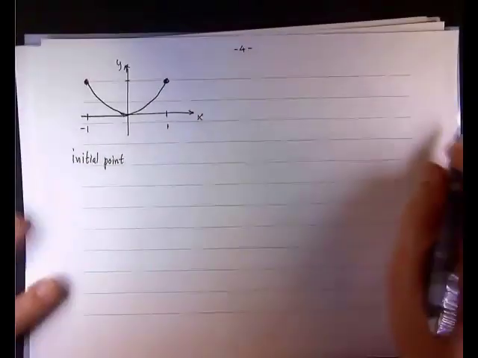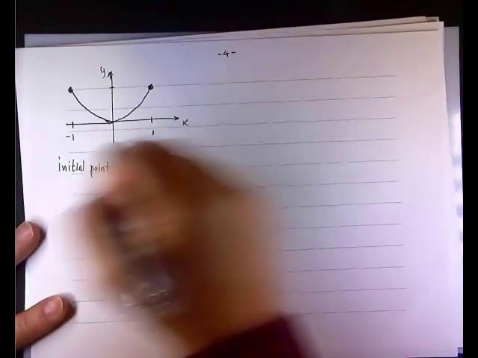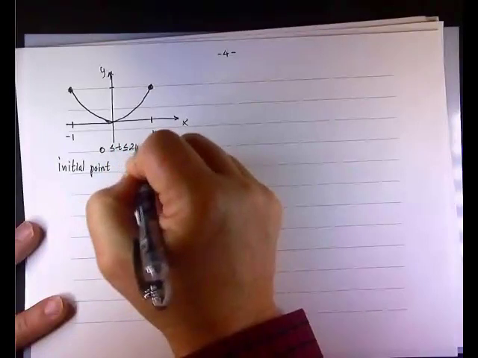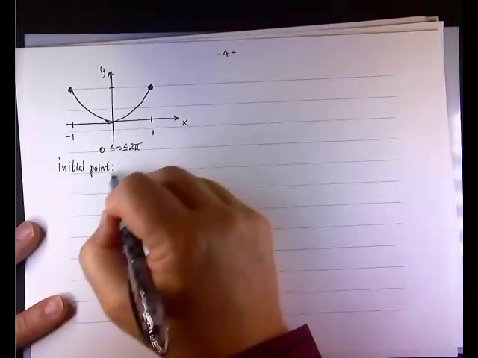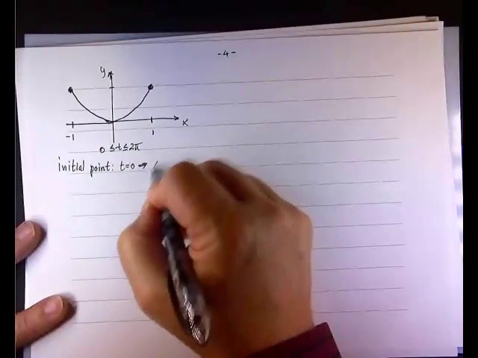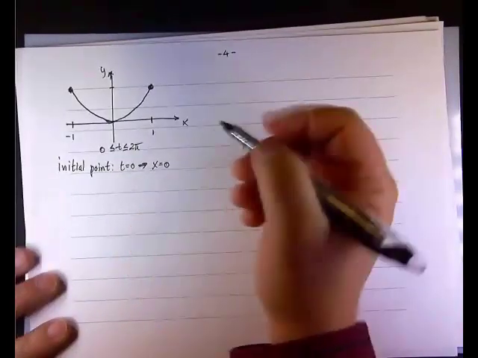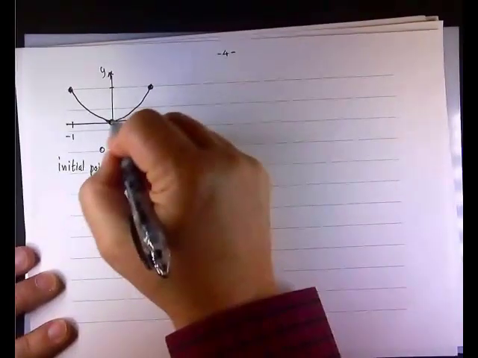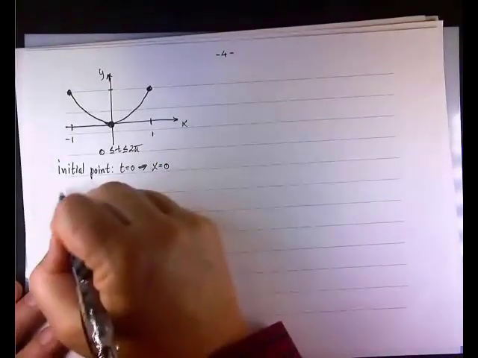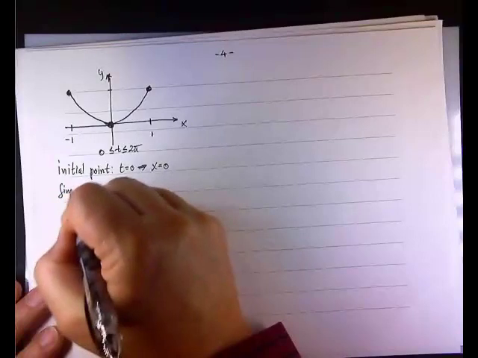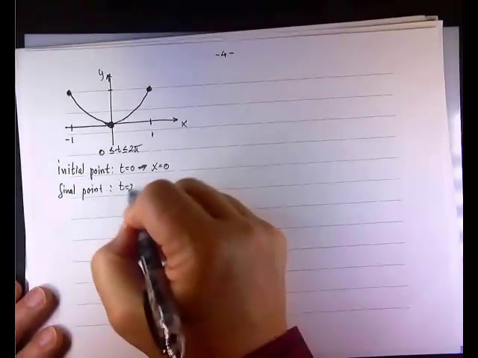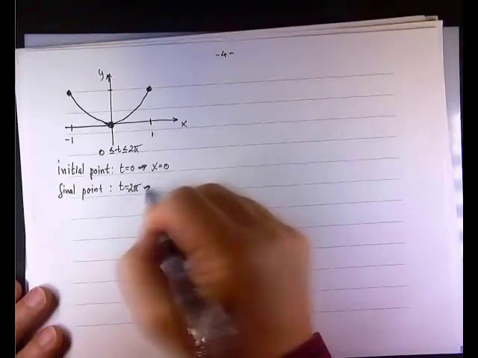So t goes from 0 to 2 pi. And let's see what happened. Initial point, when t equals 0, what happened to x? x equals 0, right? So this should be the initial point right there. What happened with the final point? Well, the final point corresponds to t equals 2 pi.